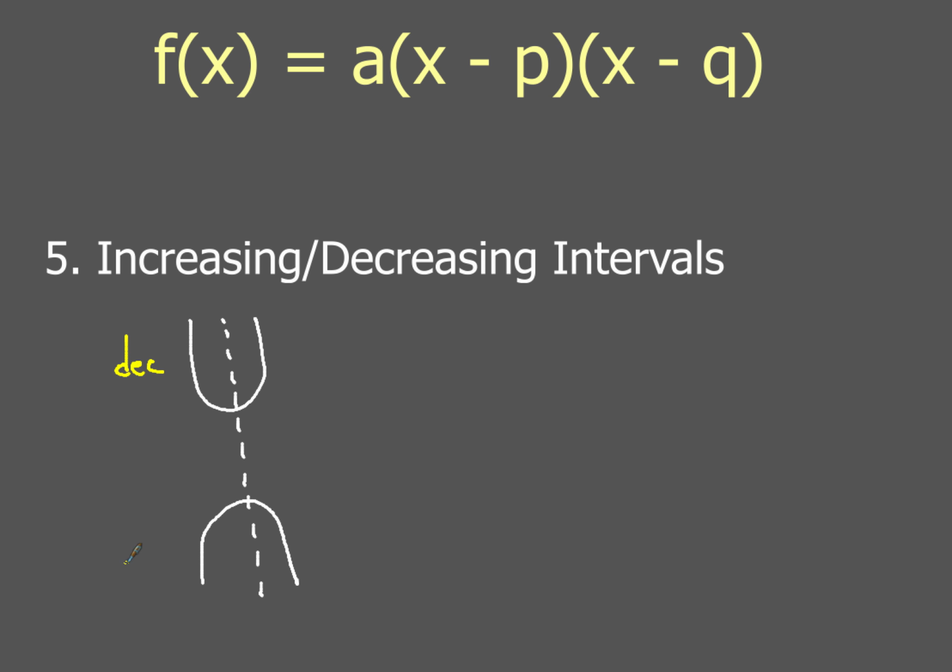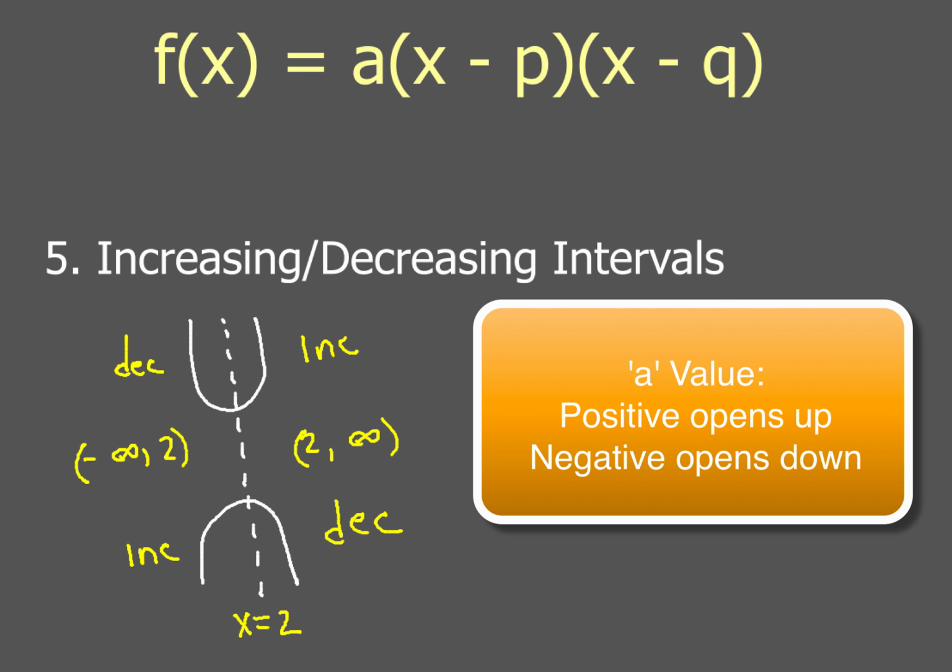But if your parabola opens down, instead, that's going to be the interval where your parabola is increasing. Say our axis of symmetry is at the line x = 2, then we would go from negative infinity to 2 for that interval, and then from 2 to positive infinity for the other interval. On the right-hand side, if your parabola is opening up, that's going to be the increasing side, but if your parabola is opening down, that's going to be the decreasing side. So increasing and decreasing intervals just depend on what direction your parabola is opening.